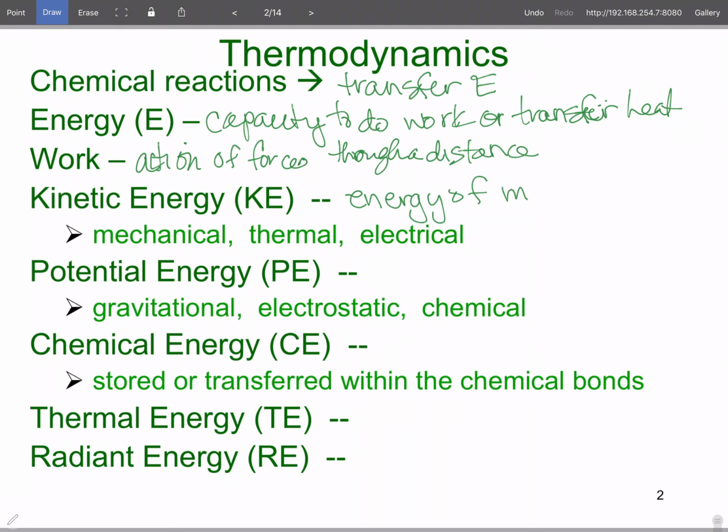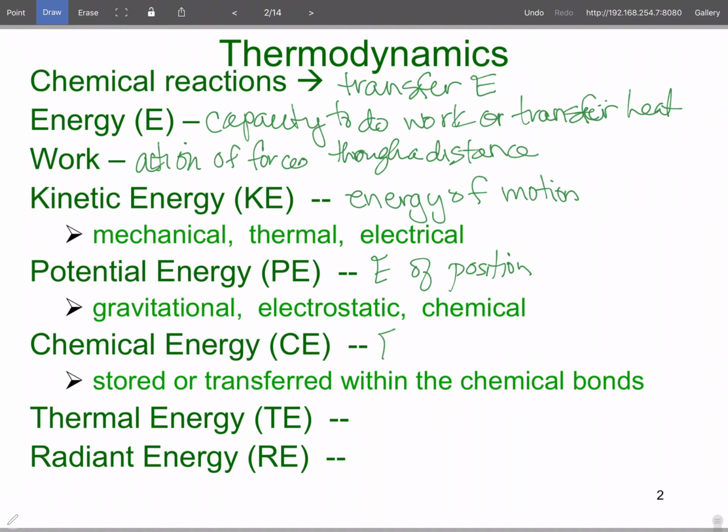So when things move, mechanical, thermal, electrical is movement of electrons. That is kinetic energy. Potential energy is the energy of position. That's where it's located. So if your feet are on the ground, then you have low potential energy. You climb up to the top of a 30-foot tower, then you have high potential energy because it's stored.